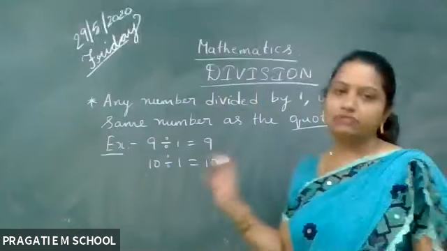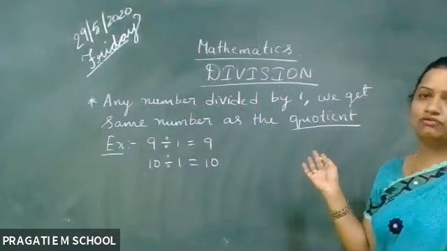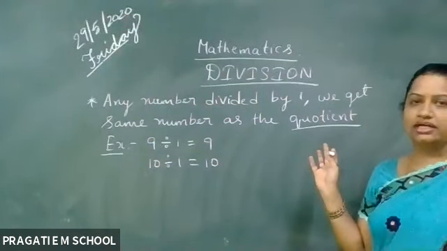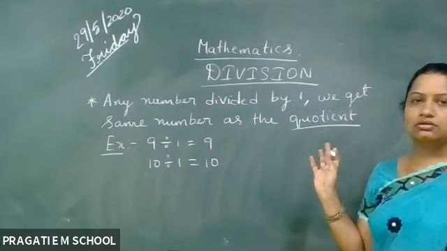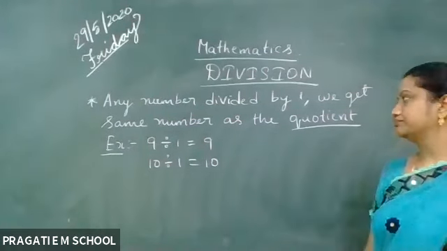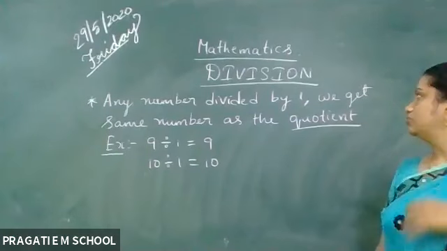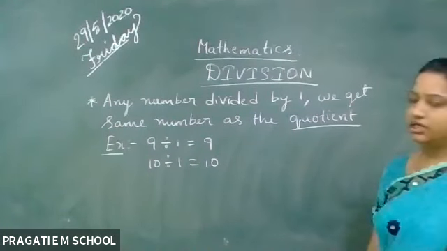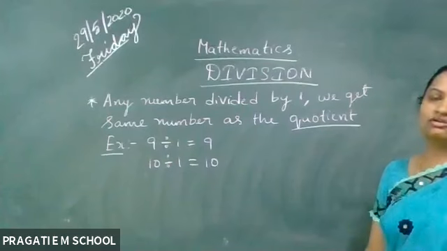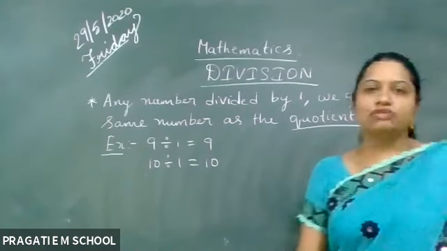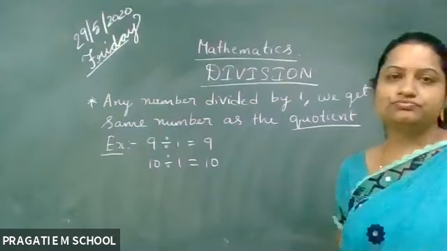Children, are you all clear with my handwriting? Is it okay to you, everyone? Any number divided by 1, we get the same number as the quotient. Example: have you all completed yesterday's homework, children?